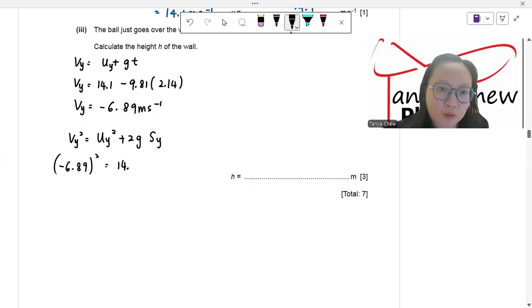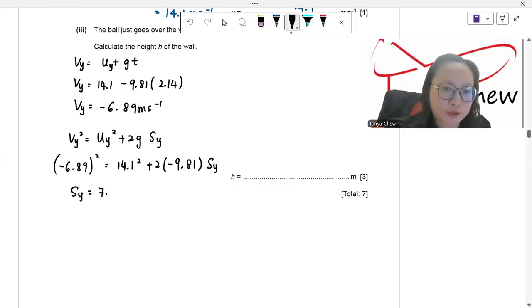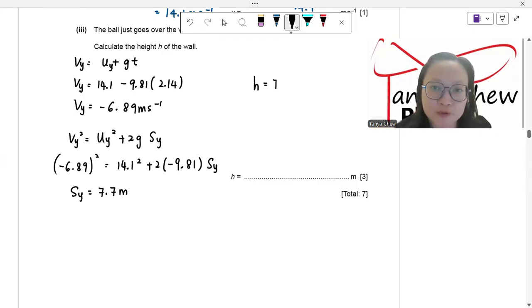Uy is 14.1, squared, plus 2g, remember, it is negative, times Sy. You rearrange for Sy and you should get 7.7 meters. Therefore, the height h is equal to 7.7 meters plus 1.2 meters. The answer is 8.9 meters.